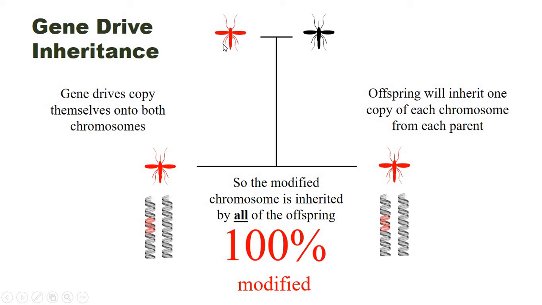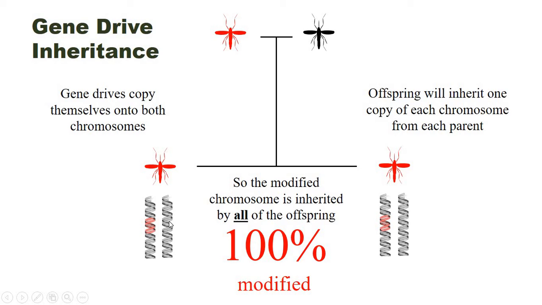This parent has copies on both chromosomes. So let's say these individuals make offspring. Both chromosomes coming from one of the parents will have a copy, but these copies will then duplicate themselves onto the other chromosome.